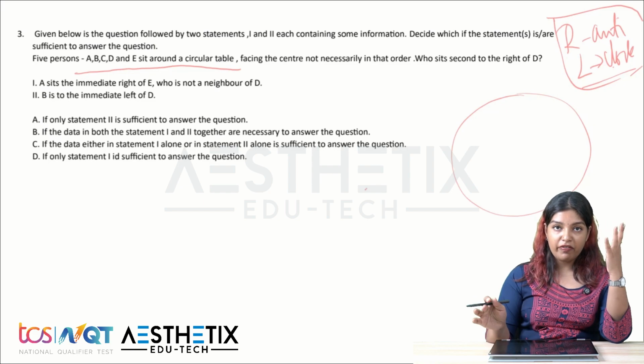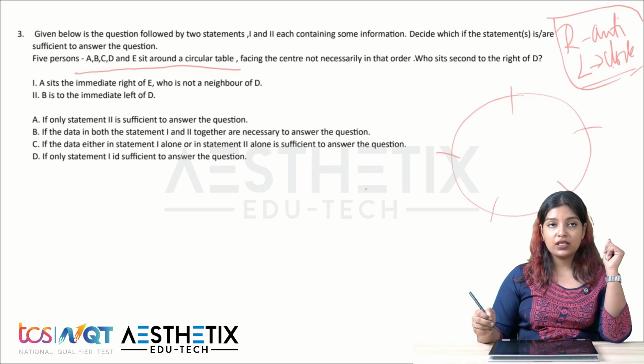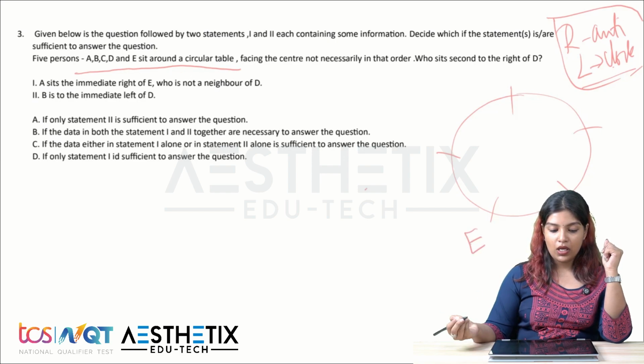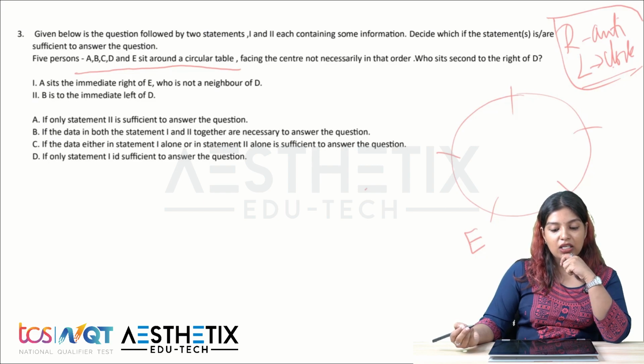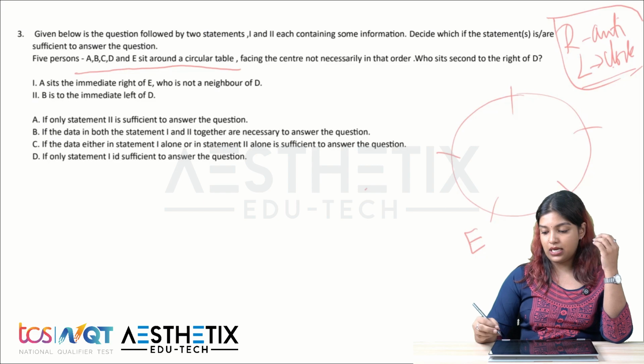So here there are 5 persons. I am just marking 5 points. The first statement is: A sits immediately to the right of E. So I am marking E somewhere here, and A is sitting to the right of E. To the right of E means A should go in the anti-clockwise direction.